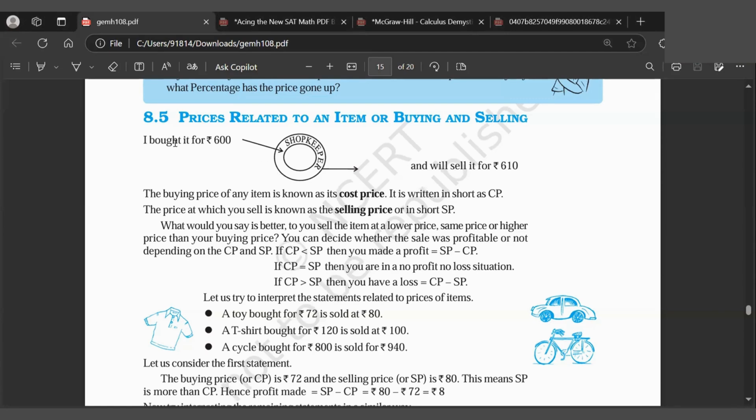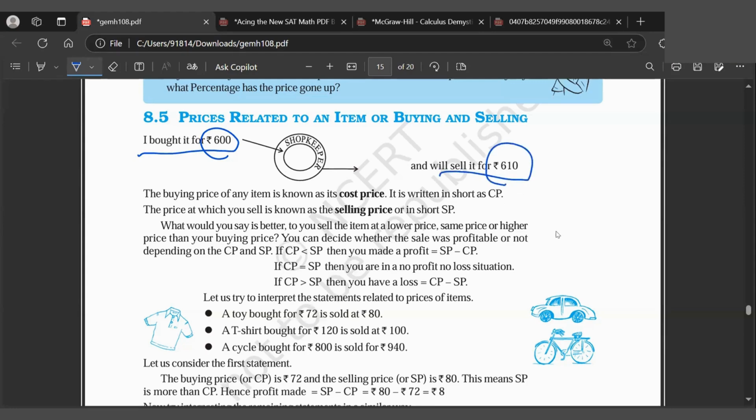It can be of 600. He bought it for 600 rupees, right? But when he sold it in his shop, he sold it for 610.